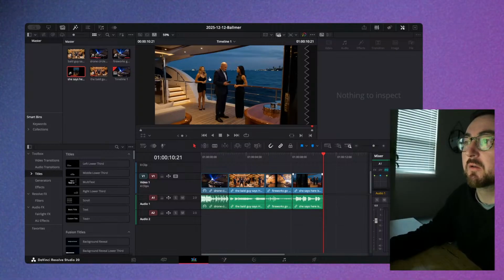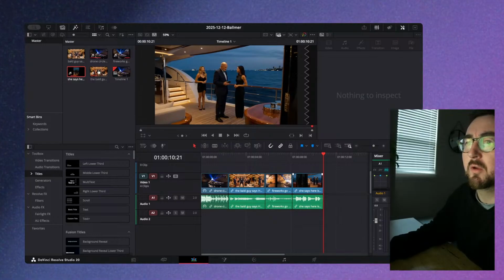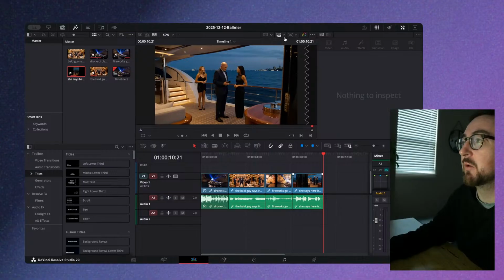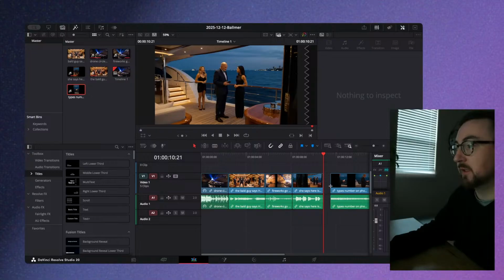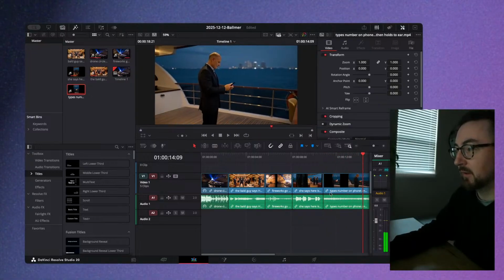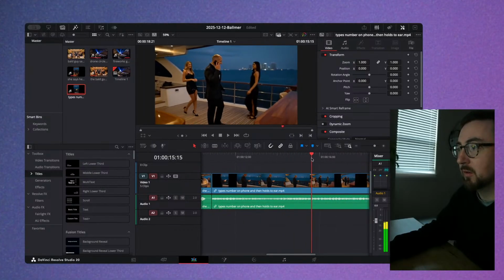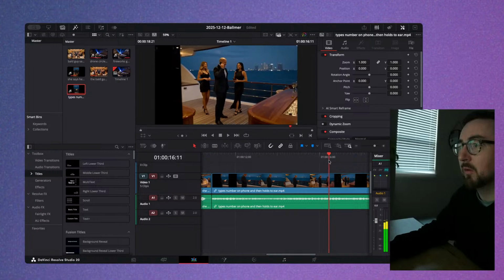Alright, so I don't like any of the movement in this shot, but I do like one part of it, so I'm gonna pull this in here. I like this part here where it pulls away.